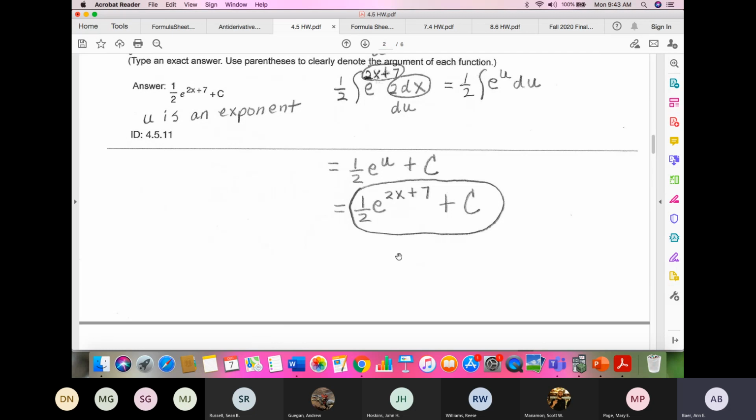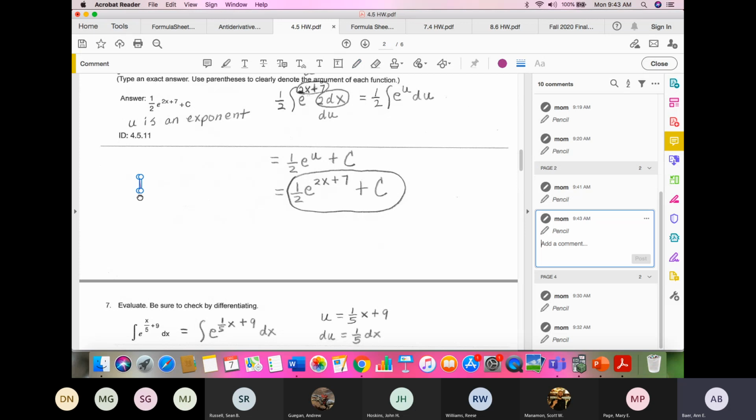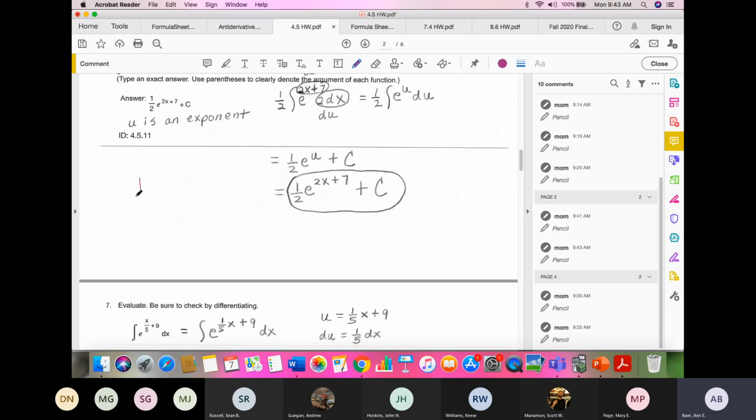Now I promised that we would check one. So let me go ahead and do that. Let's check this. So we anti-differentiated. We need to do the opposite to check. That means to differentiate. So the first thing I'm going to do is write down this number multiplier and take the derivative of the rest. So that's 1 divided by 2. And then we move along and we want to differentiate e to a power.